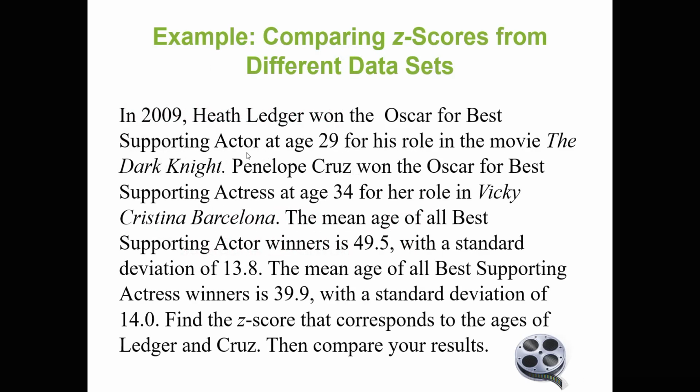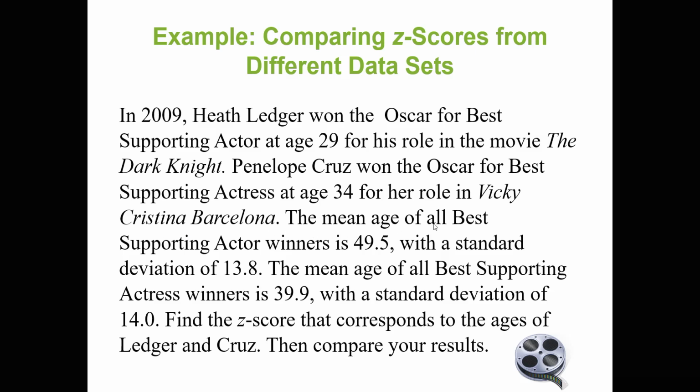Let's take this example. It's looking at different actors. It says the actor won the Oscar for best supporting actor at age 29 for his role in the movie The Dark Knight. The actress won the Oscar for best supporting actress at age 34 for her role in her movie.